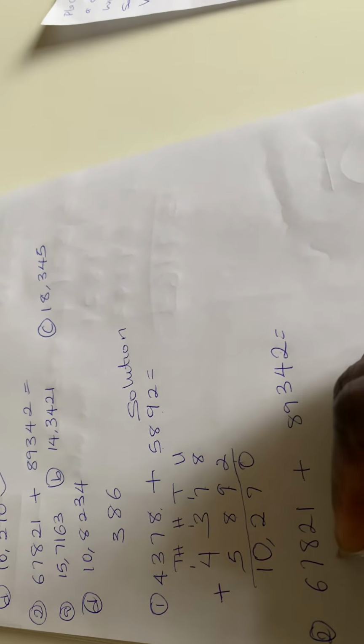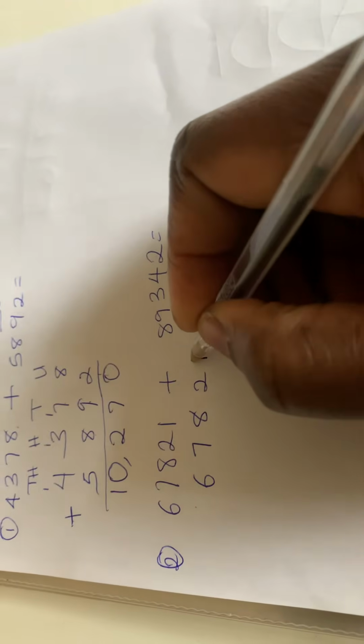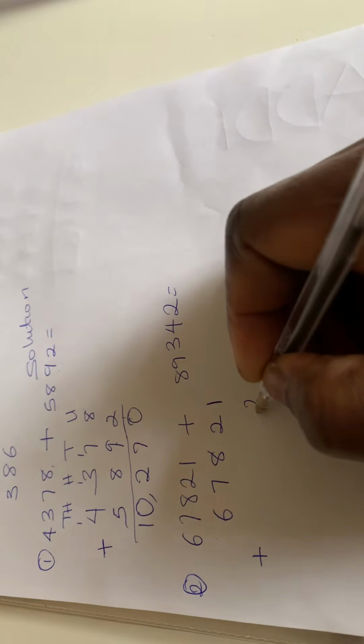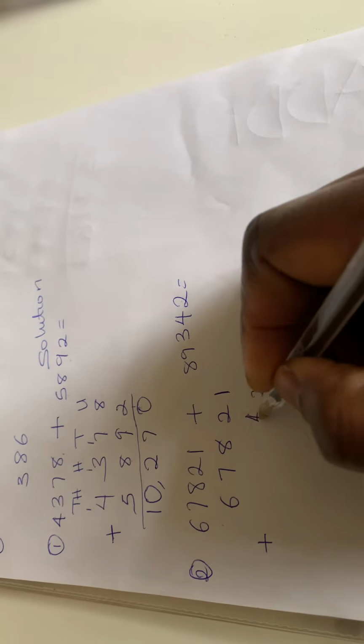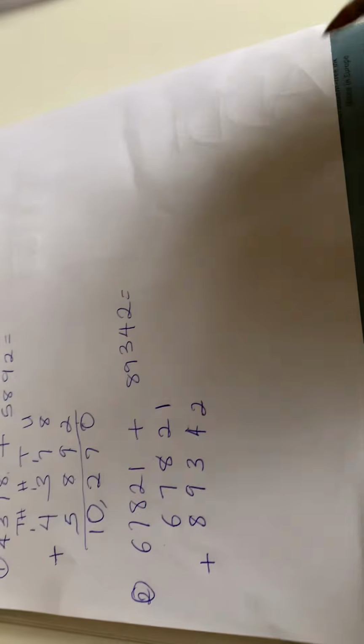This is 6, 7, 8, 2, 1 plus, we start from the right, 2, 4, 3, 9, 8.